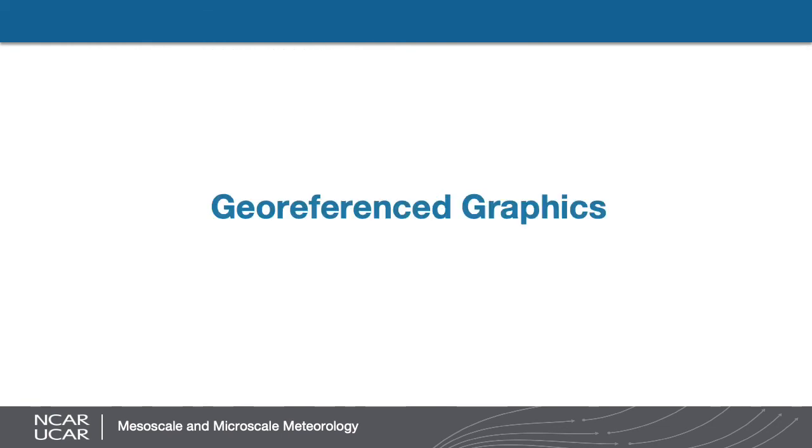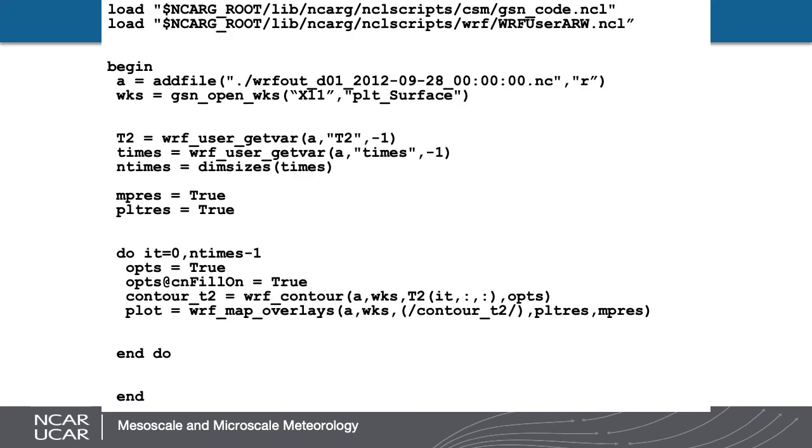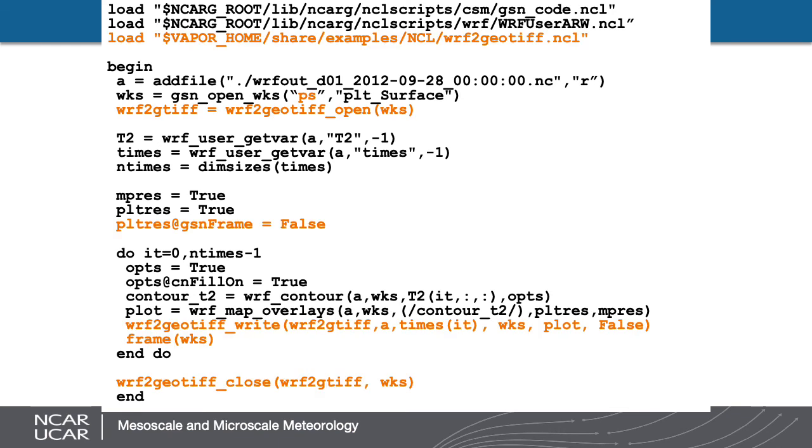Next, I want to talk a little bit about using georeferenced graphics in NCL. So here's a pretty basic script. This is one that we went through at the very beginning of this talk. So if you want to add georeferenced graphics, these are the lines and things that you need to change. So you need to load in a new library, a different library. You can only use PostScript, so PS, as a workstation.